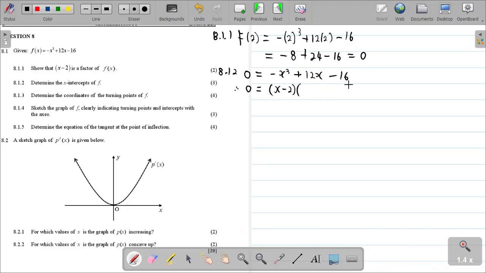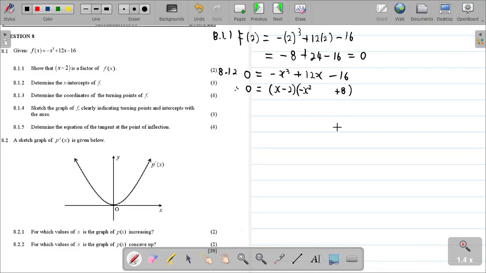And then what do we do here? To get negative x cubed, we must have negative x squared. And then in order to get negative 16 here, we must have positive 8, isn't it? Yes, we must have positive 8.